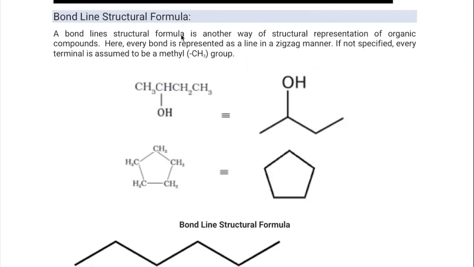If not specified, every terminal is assumed to be a methyl group. Okay. So see, if we say ethane, CH3, CH3, it will be represented like this.